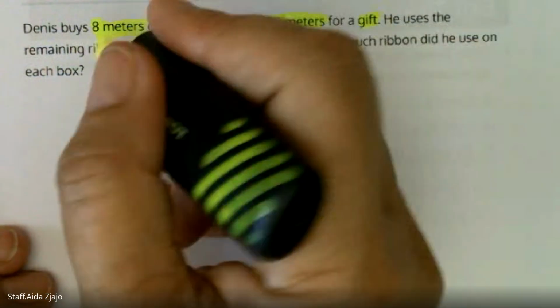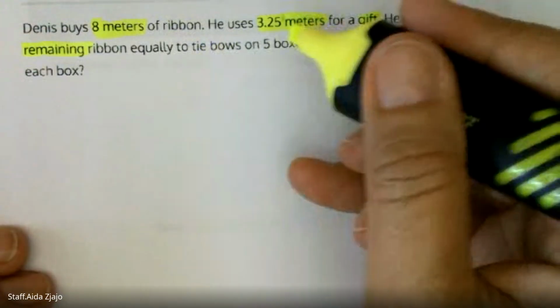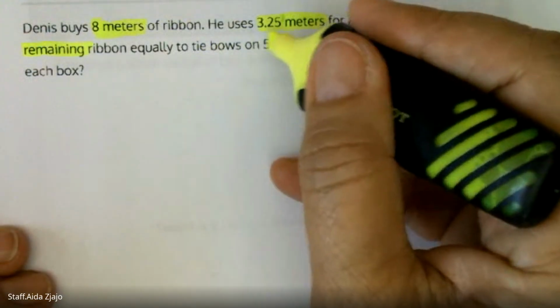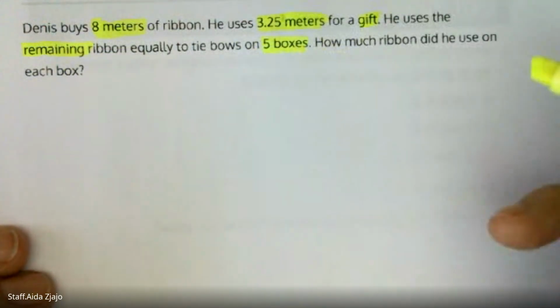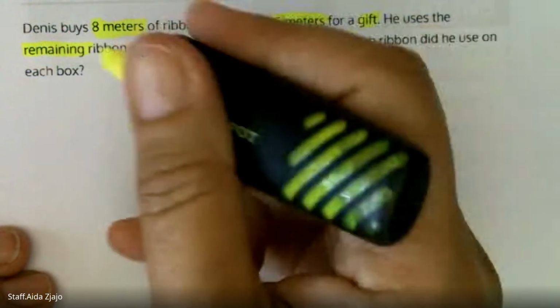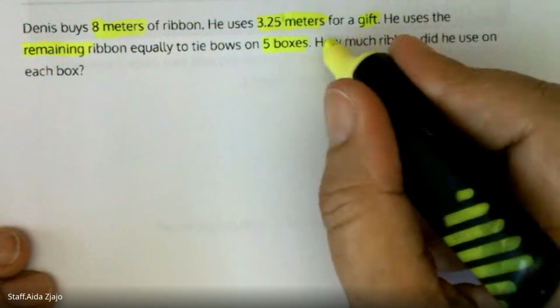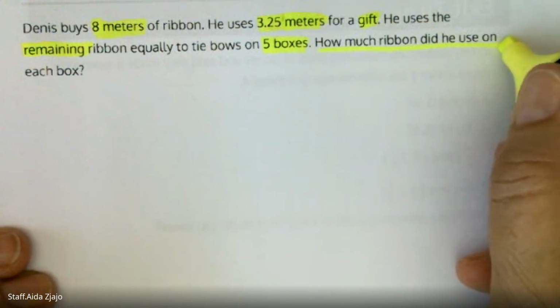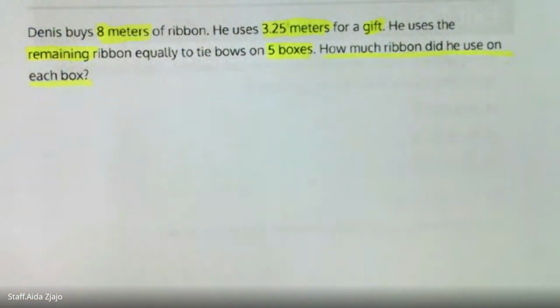He uses the remaining ribbon equally to tie boxes on 5 boxes. So the remaining he used for 5 boxes. How much ribbon did he use on each box? That's the question. How much ribbon did he use for each box?